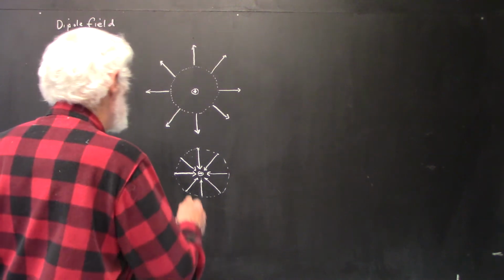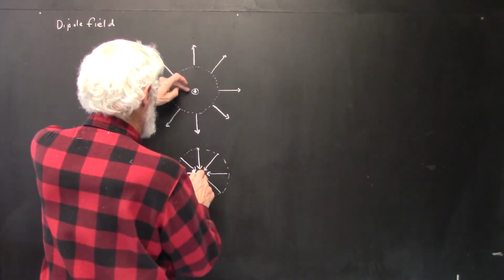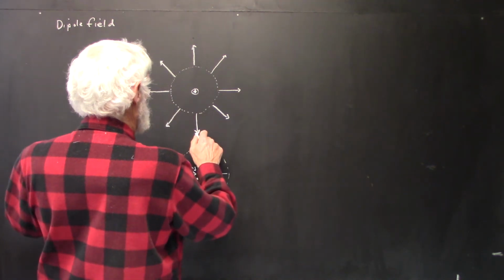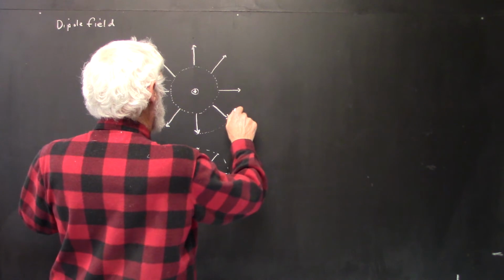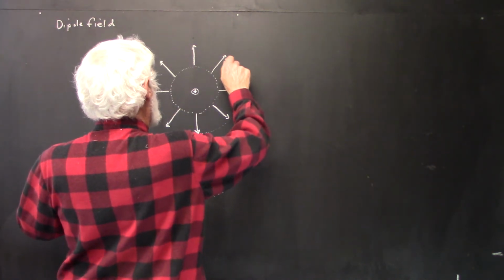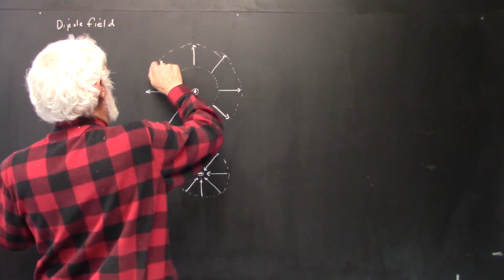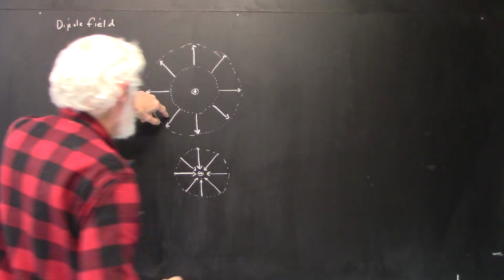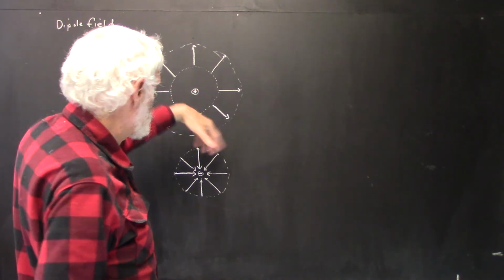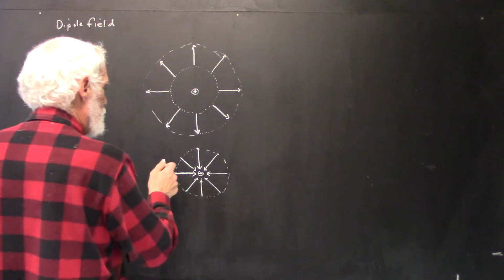So let's draw a couple of circles about halfway between these charges, which coincides with the tips of these vectors, but that's just a coincidence. I could have drawn it at any point, but it just turned out to be about halfway.